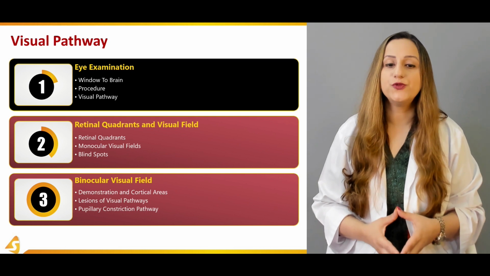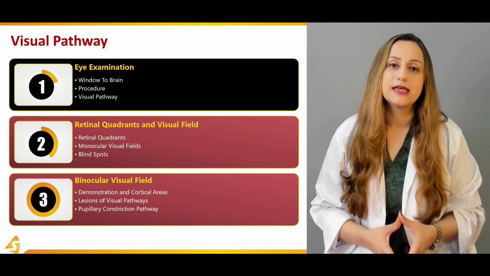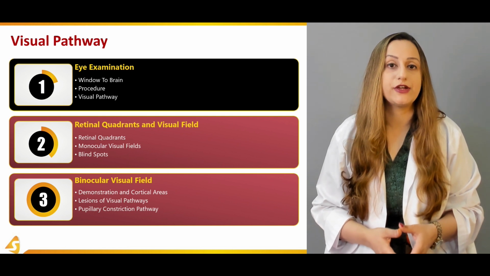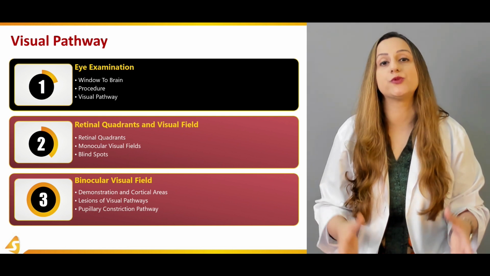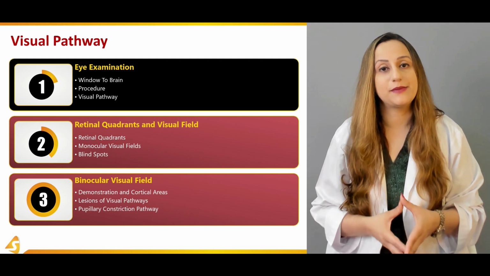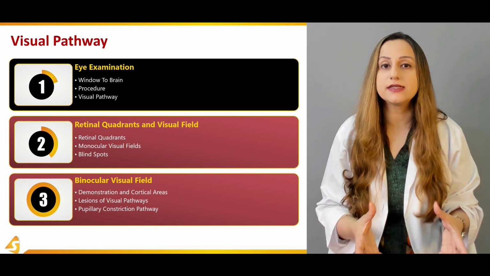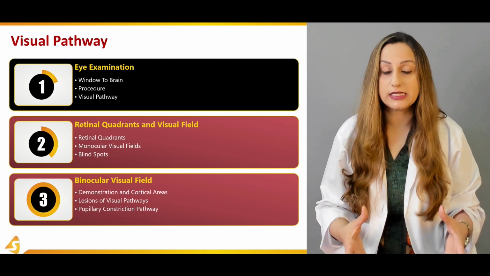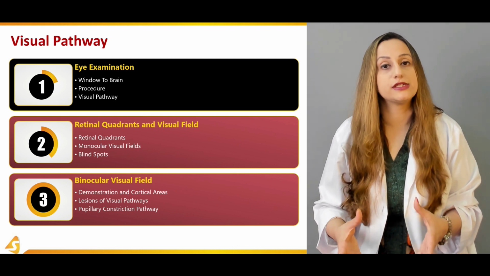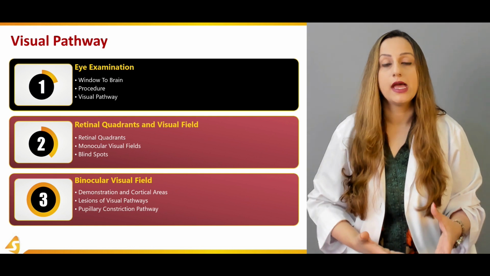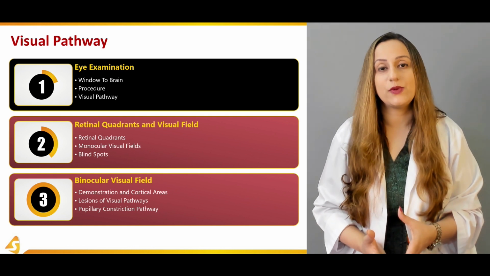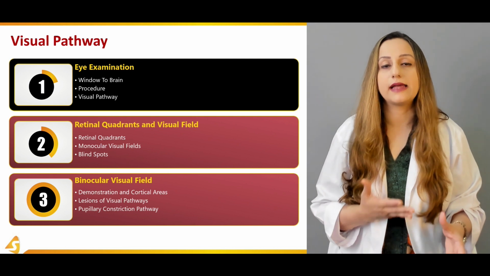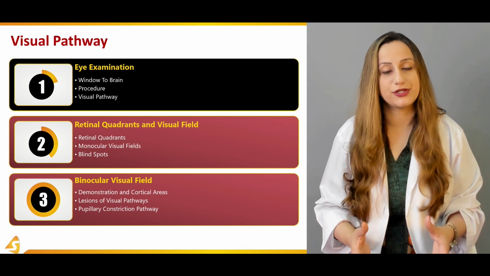Then we're going to move on to the visual pathways. Knowing the visual pathways is again the mainstay over here in this very first section. How is a normal visual pathway maintained? What are the quadrants that we usually divide the visual field into? It can be the nasal quadrants, the upper and the lower nasal quadrants, and then we have the temporal quadrants, that is, the upper and the lower temporal quadrants in a person.